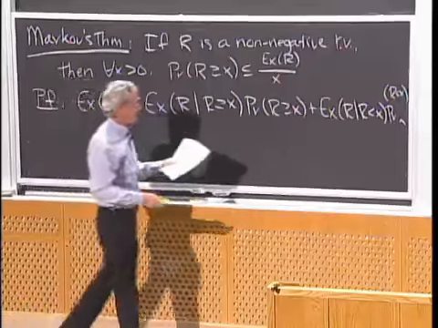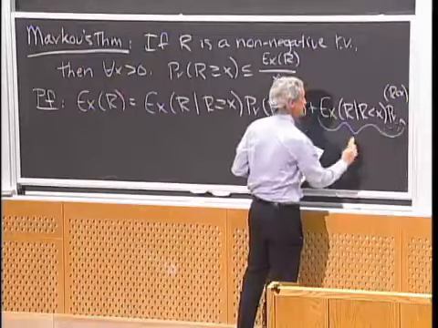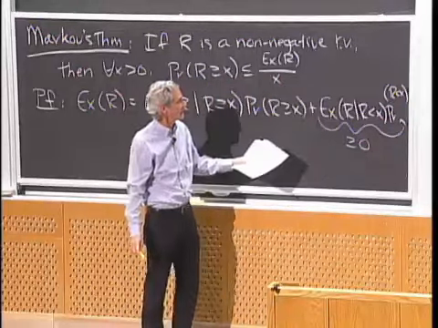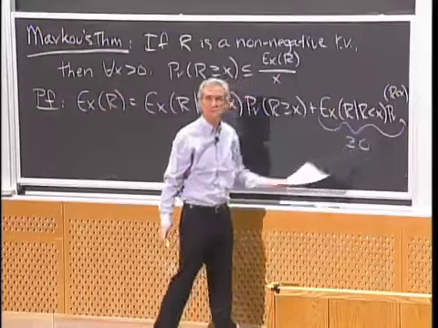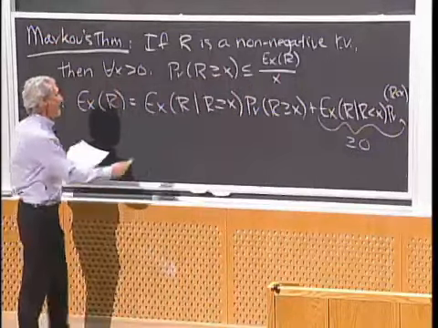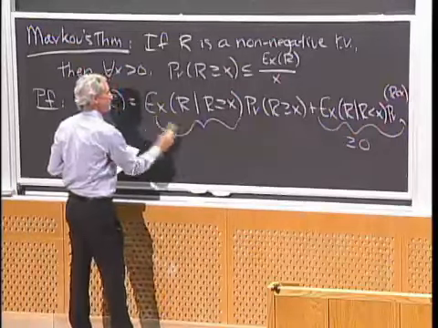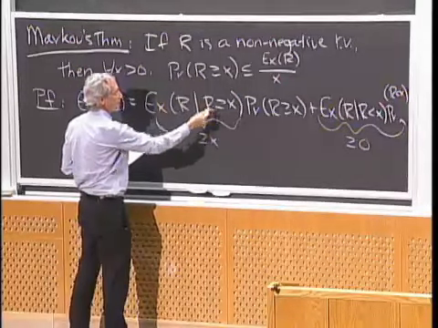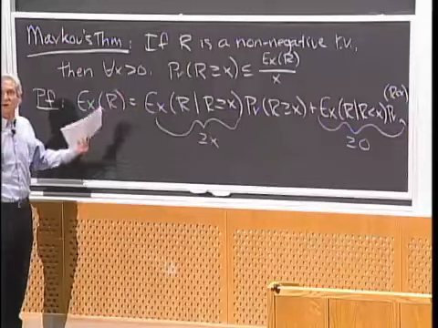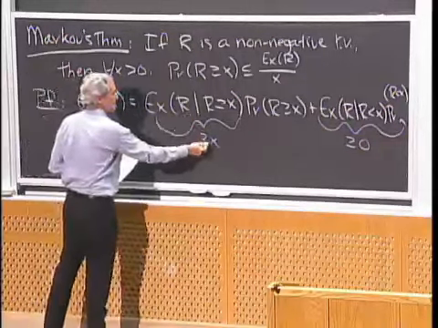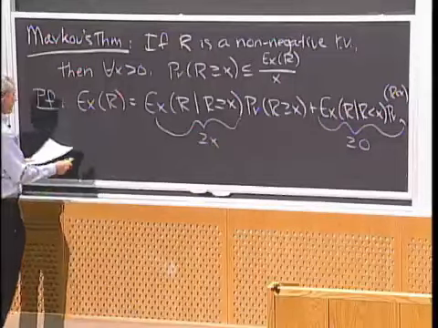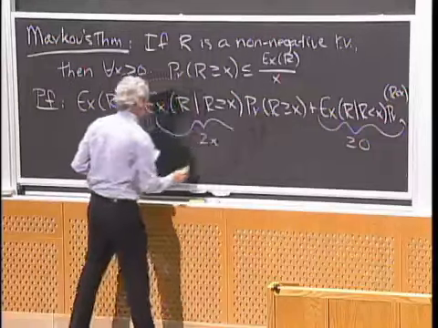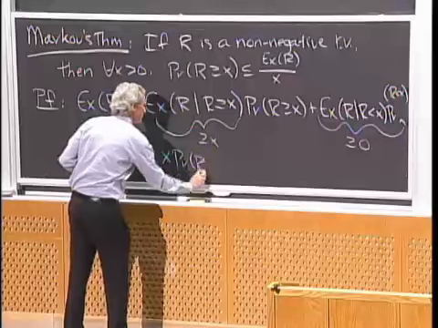OK, now, since R is non-negative, this is at least 0. R can't ever be negative, so the expectation can't be negative. A probability can't be negative, so this is at least 0. And this is trivially at least x, because I'm taking the expected value of R in the case when R is at least x. So R is always at least x, so it's in this case, so its expected value is at least x. OK, so that means that the expected value of R is at least x times the probability R is greater than or equal to x.